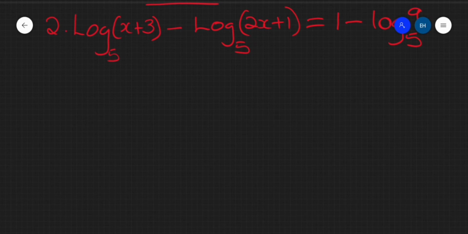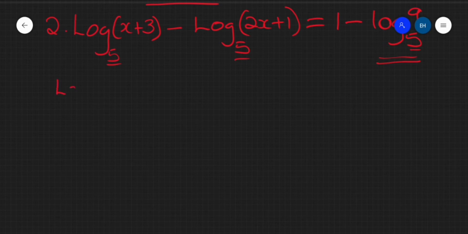Then we observe what is happening. Our bases are the same for this, for that, and for that. Okay, so we can bring log 9 base 5 to the left hand side, and it will become a positive. Let us rewrite it in that way.